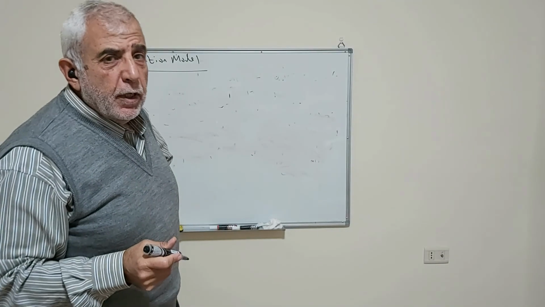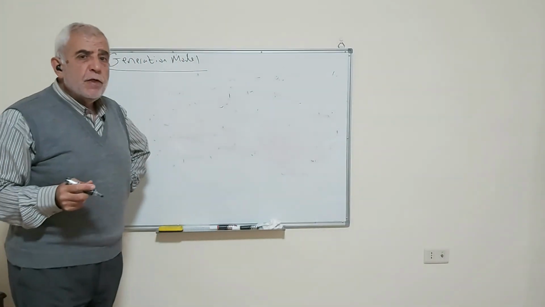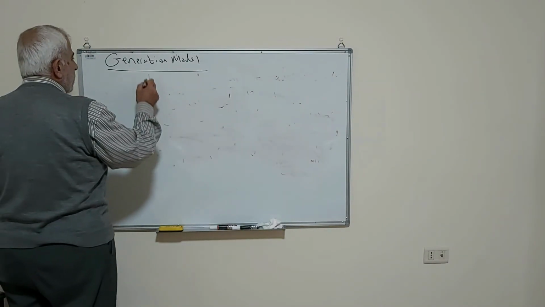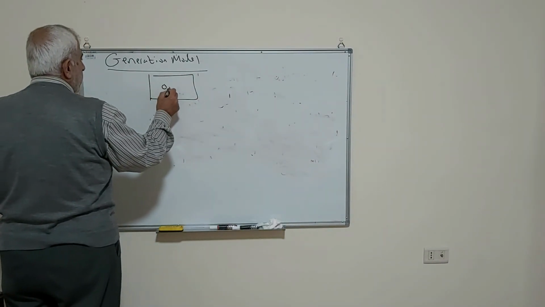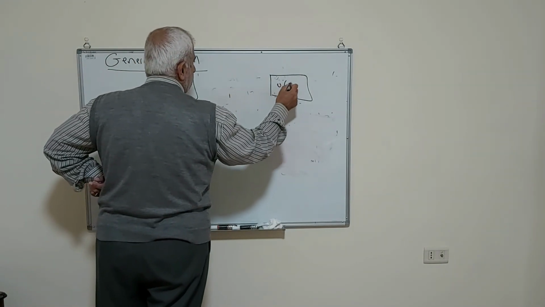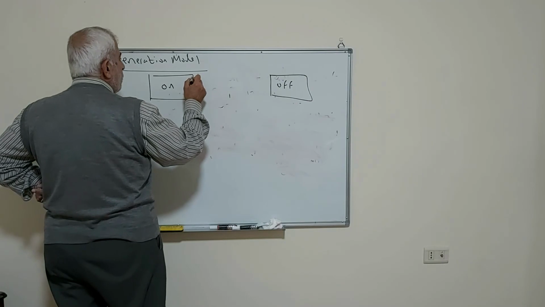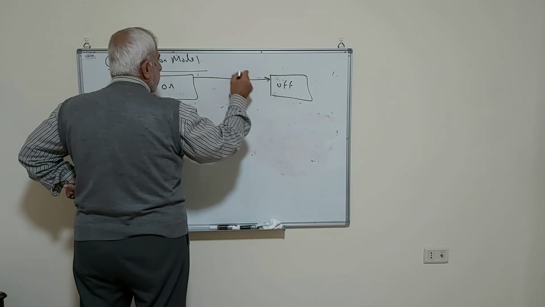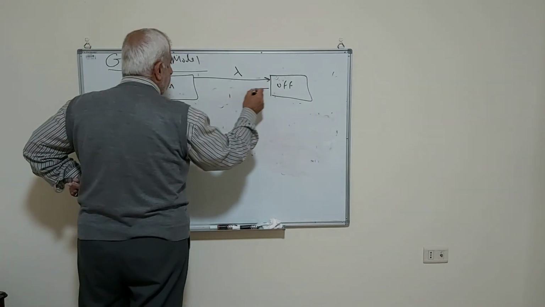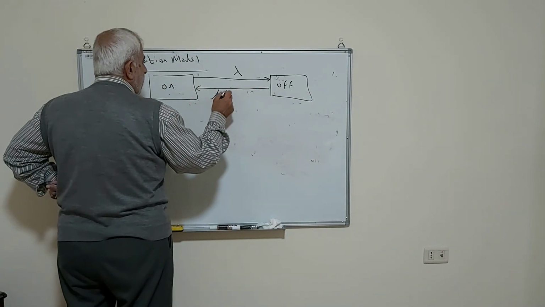I'm going to revise the concept of a frequency as we have seen in the two-state model. We have on, we have off, and we can move from on to off by the failure rate lambda, and from off to on by the repair rate mu.